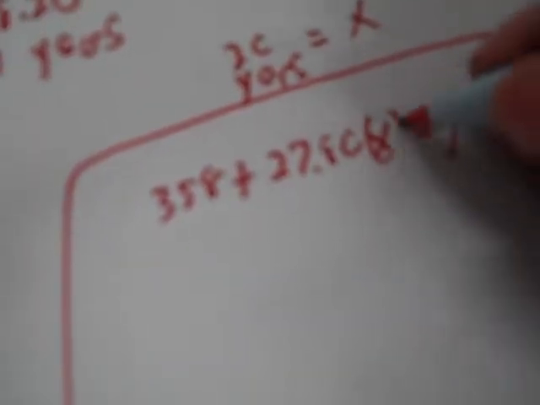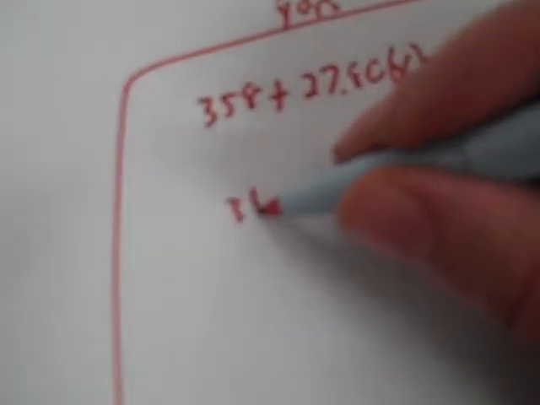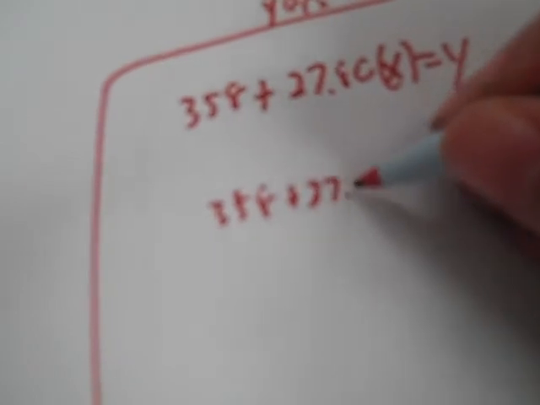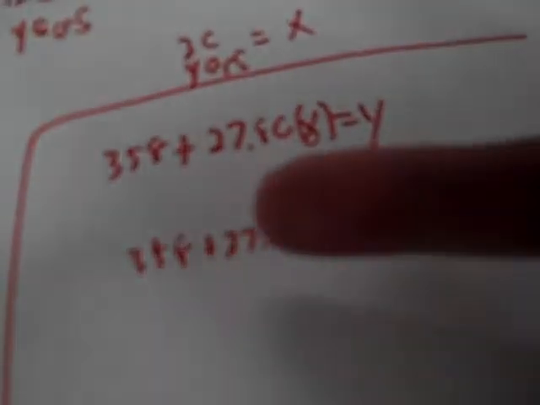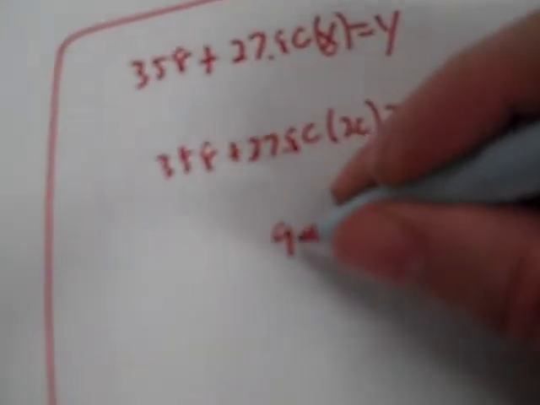Years is X, so we put that in for X. 358 plus 27.80 times 20. Now I just punched it in the calculator, 914. So 914 equals Y.